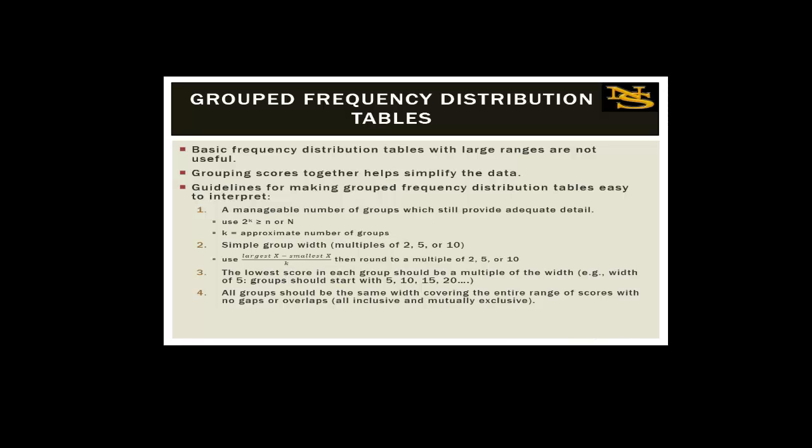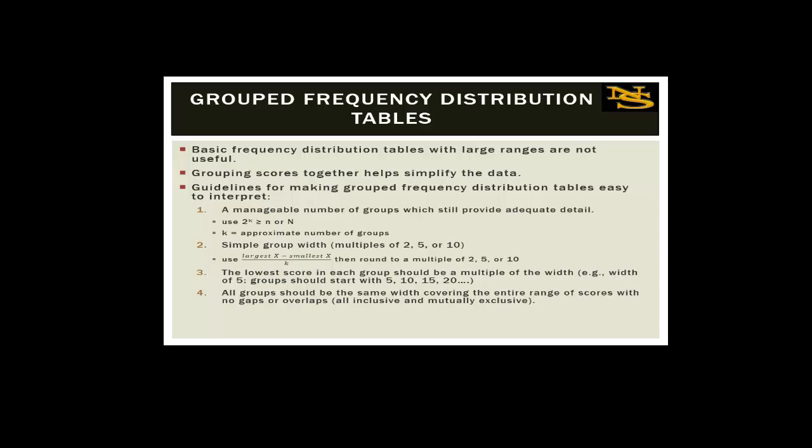There is a specific process to make a grouped frequency distribution table that is narrow enough to provide rich information about your data, but broad enough so that you don't have an overwhelming amount of rows in your table.